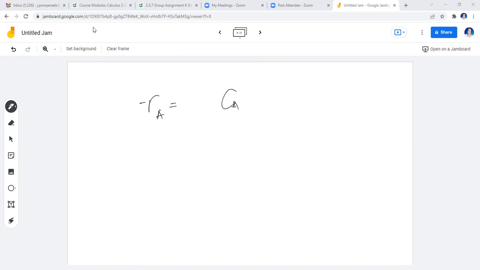Can you please let me know in the chat box so that we will not waste time on this if you still do not know how to go about using linear regression in your calculator and finding the slope and the y-intercept. Okay.